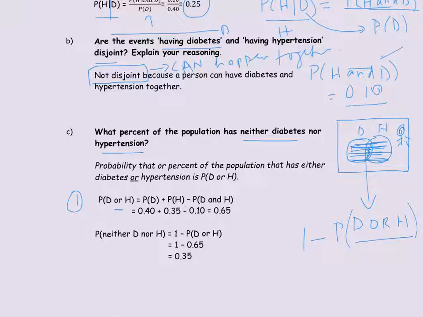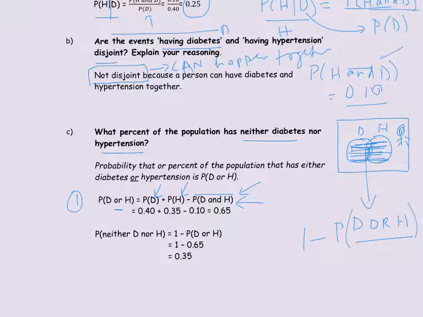Remember, the word or includes the overlap. The only reason why this formula subtracts the overlap is because the overlap is counted as part of the diabetes group and the overlap is counted again as part of the hypertension group. So we need to eliminate the double counting of that one overlap by subtracting one of these, P of D and H. But anyway, this formula will be given to you.